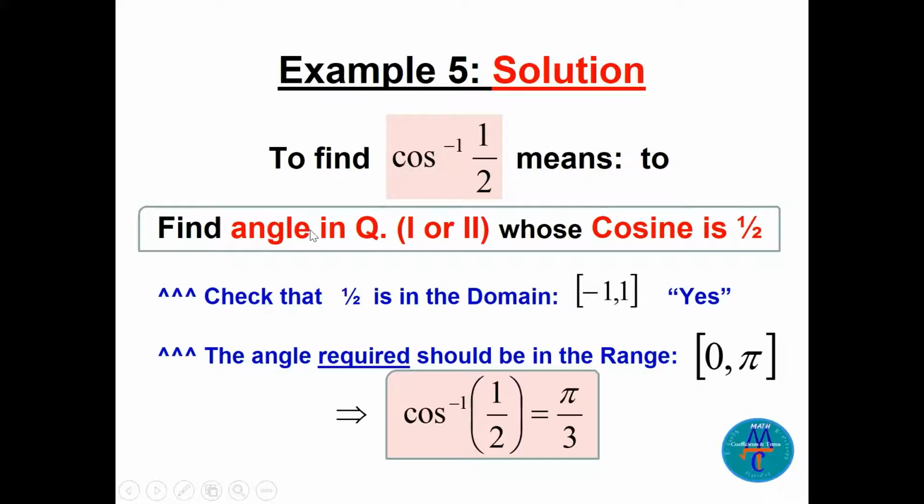It means find the angle in quadrant 1 or 2. Why 1 or 2? Because the condition or the range of the cosine inverse from 0 to pi. You have to check that half is between minus 1 to 1, yes. So what is the angle? 60, or you can write pi over 3. So cosine inverse of half, pi over 3.